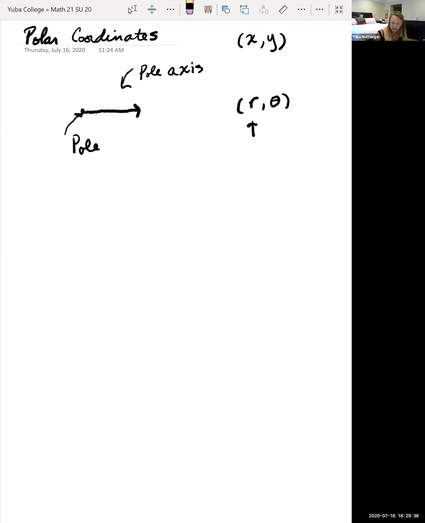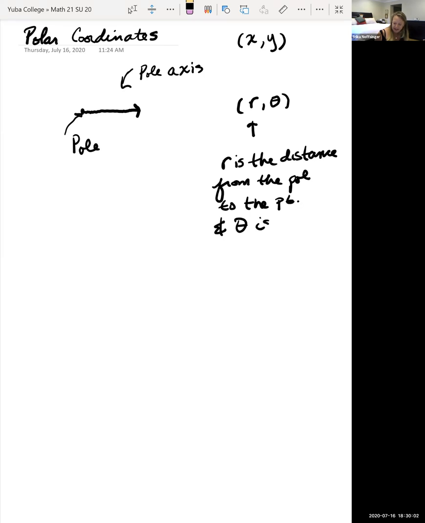So r is the distance from the pole to the point, and theta is the angle from the polar axis.